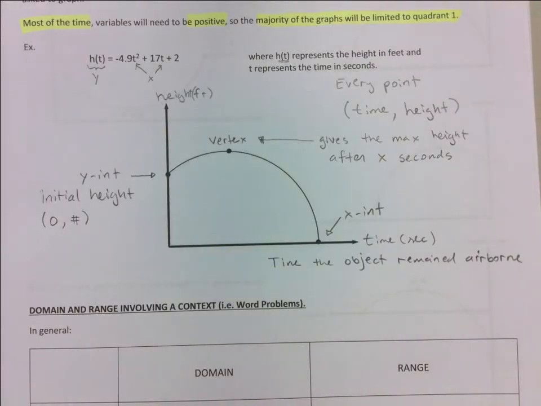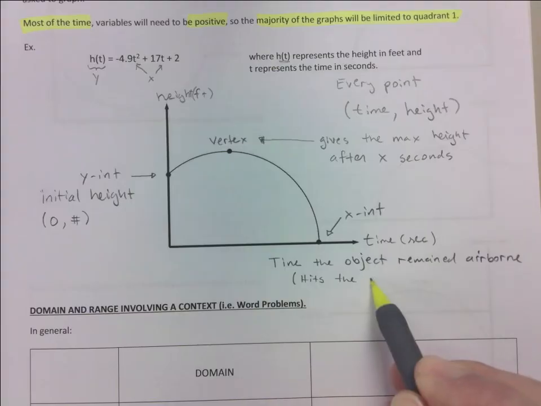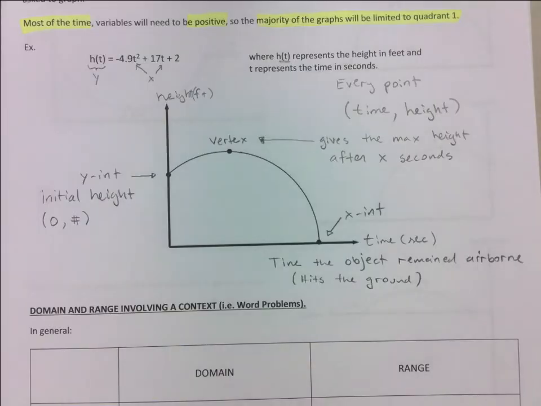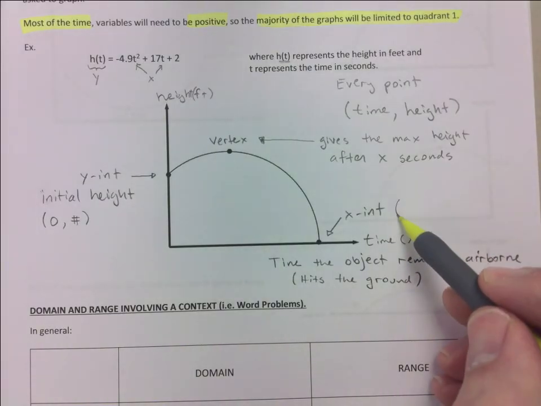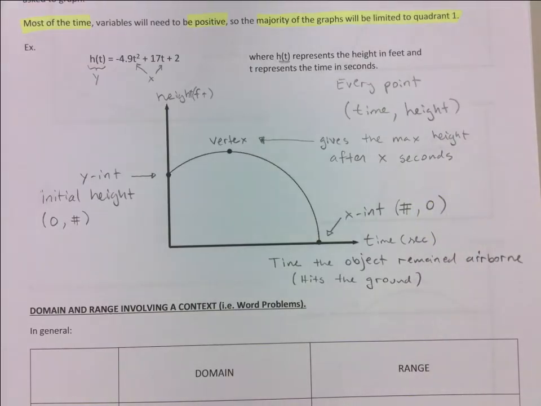The time spent in the air, okay? It hits the ground there. And this will always be a number followed by 0. We've found those before, so there's nothing new about that.